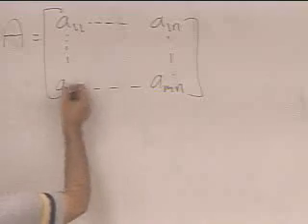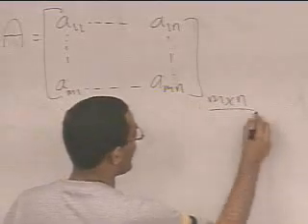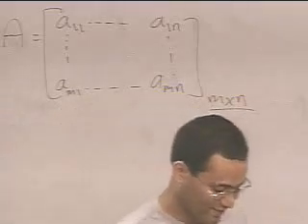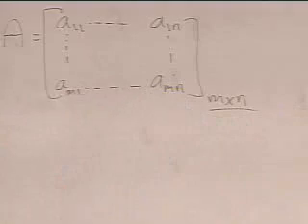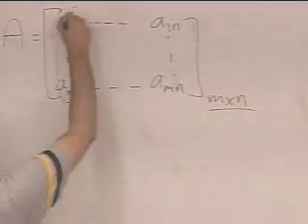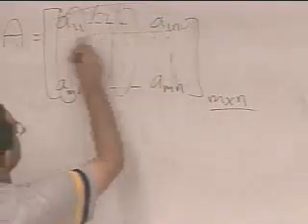So this has m rows and n columns. Normally, the convention is that you use m for rows and n for columns. So we just call this guy a matrix. Obviously, a matrix is nothing but just some vectors put together column-wise or row-wise. Nothing really fancy.